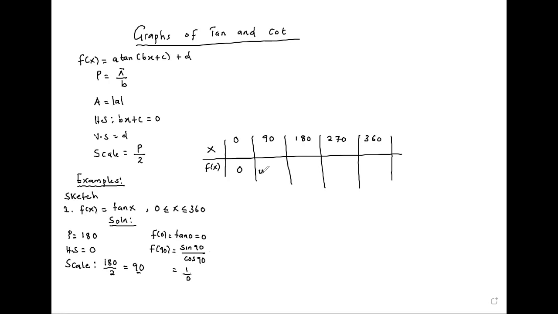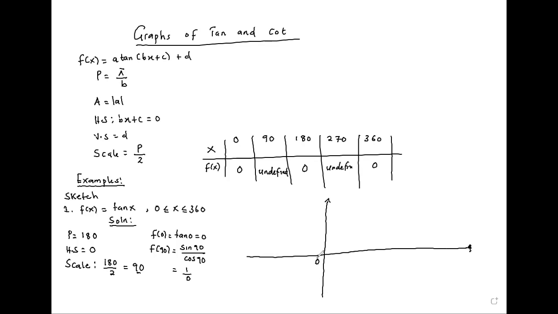So this is undefined here. And then the next one will be 0, undefined, and then 0. So wherever sine is 0, tan is 0. Whenever cos is 0, tan is undefined. And so the sketch then becomes an easy thing.